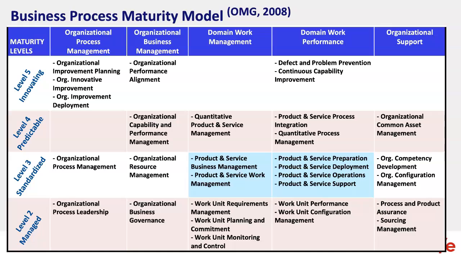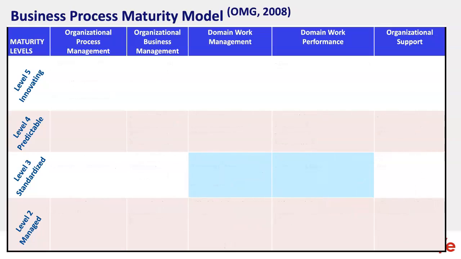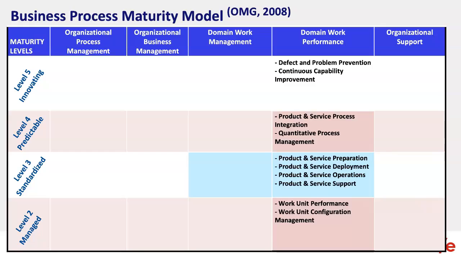Okay, so I will basically not go through each process area here. I have prepared some material for each one of them in the handout you will receive. Here I would just like to focus on the process area threads, the columns here. There are 5 process area threads: organization process management, business management, domain work management, domain work performance, and organization support. Let me very briefly describe, starting with the domain work performance.